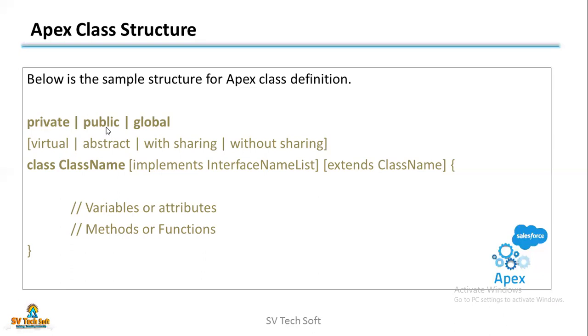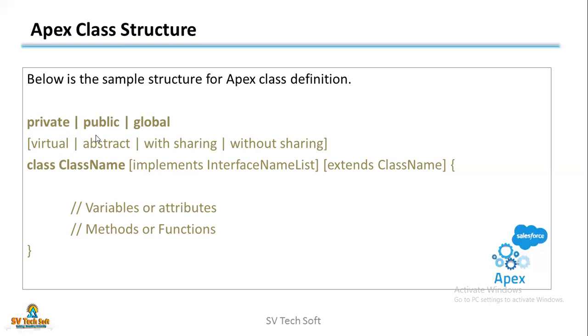In the regular session, I will teach in detail about access specifiers, what private, public and global are, how they work, all in real time. That is the reason I'm moving very quickly, at a high level.